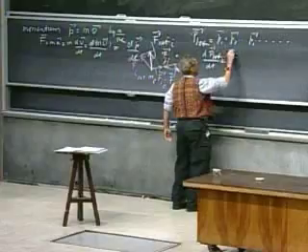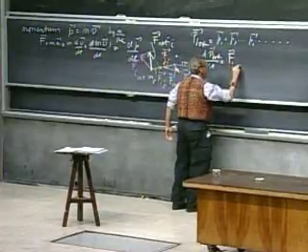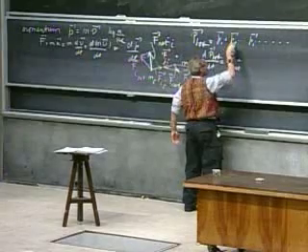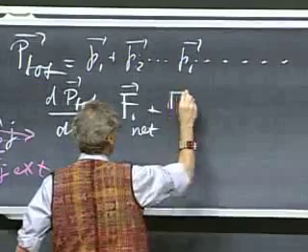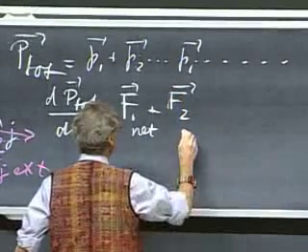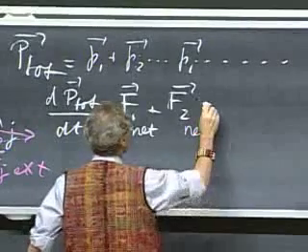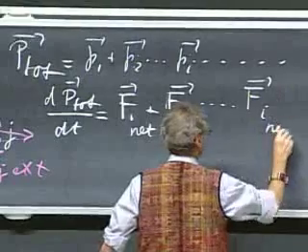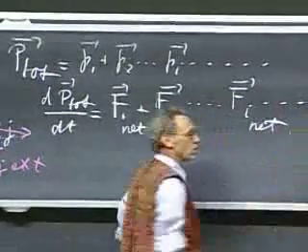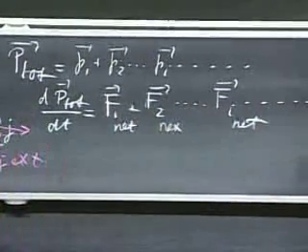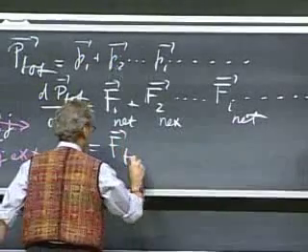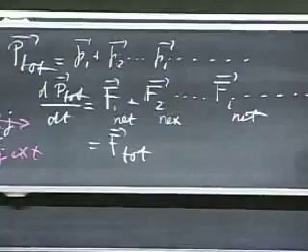It's the total force on number 1. So it is F1, but it is the net force on number 1. And dP2/dt for this particle equals F2 net force. And the force on particle number i equals Fi net, and so on. And so when we add up all these forces, obviously, that is the total force on the entire system.